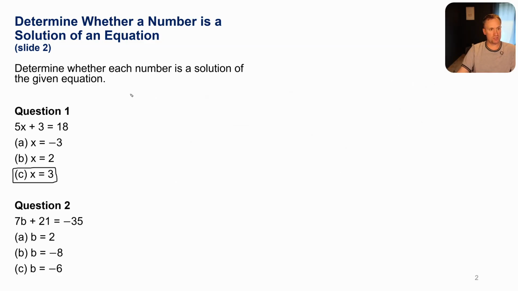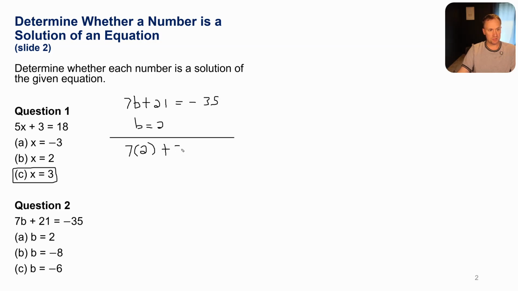Now let's try question 2. So we have 7b plus 21 equals -35. And we're going to first test whether b equals 2 allows us to satisfy this equation. So we will substitute 2 into the b variable.